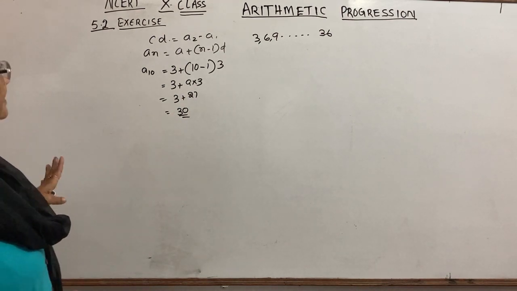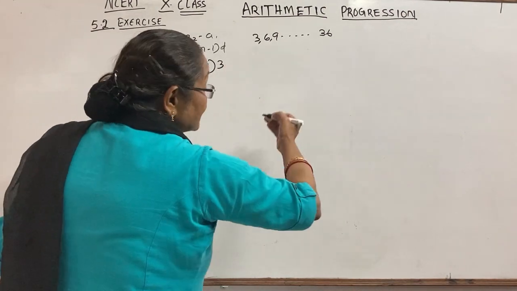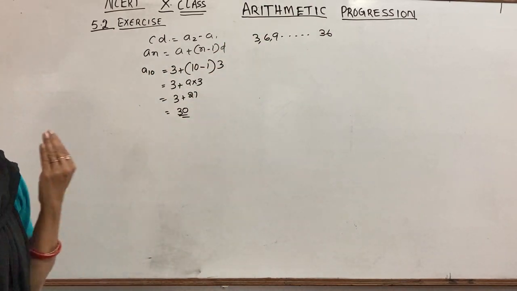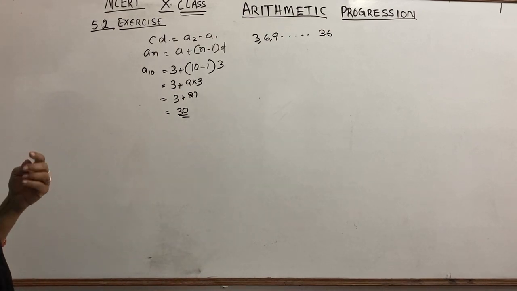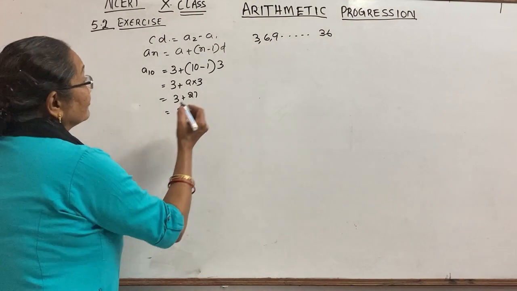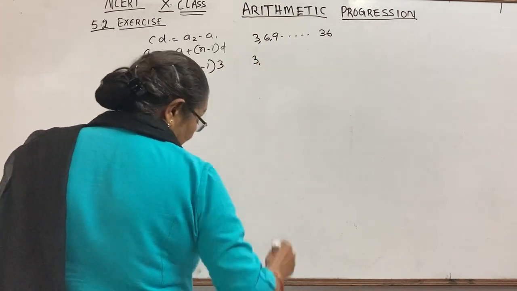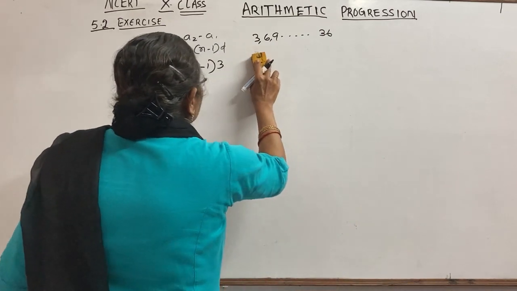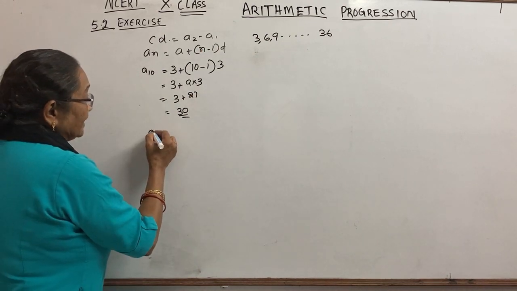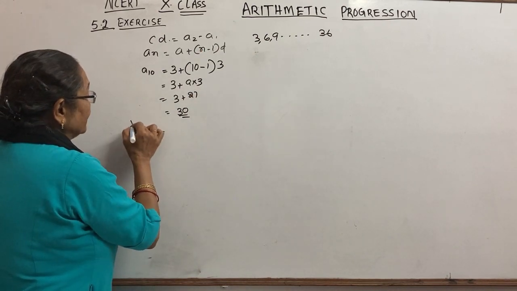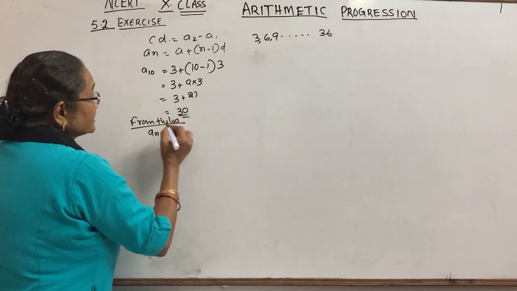Suppose he says, when you are going from 3 to 6, 9 in increasing order, and if you are coming from the back, from the last, find the 10th term from the last. Let us say 36 is our last term. From 36 you find the term. What will you do? Write nth term from the last.